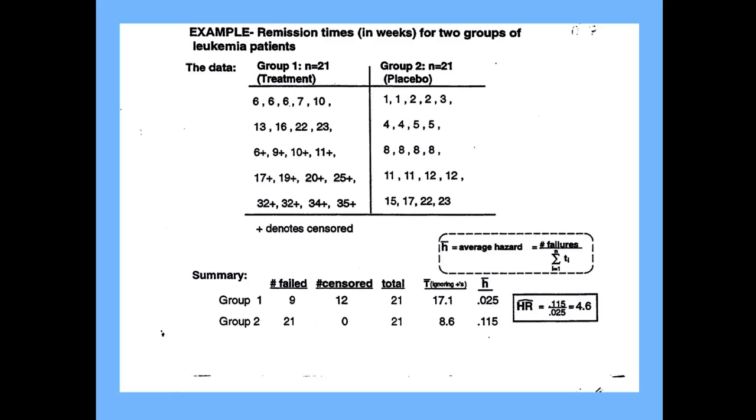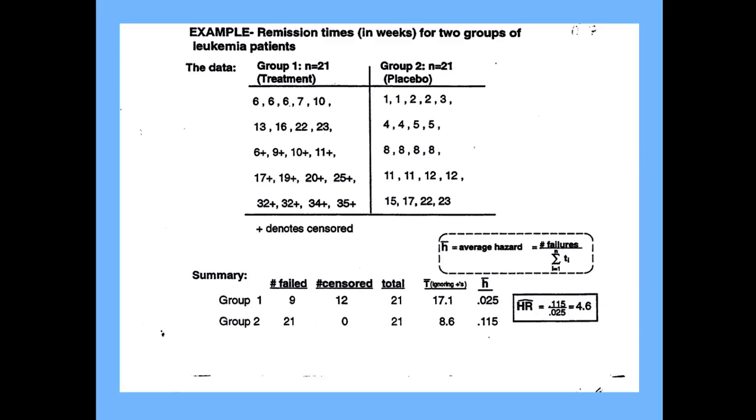You don't know when they went out of remission, but it was at least 32 weeks, so maybe it was 35 weeks, maybe it was 40 weeks. You don't know how long they were there. So the amount of time the people with the pluses were in remission was even longer than you see. So these numbers, in some collective sense, are larger than the numbers here. So without even doing anything fancy, you'd probably say, okay, I don't really care about doing survival analysis. The treatment group's doing better.